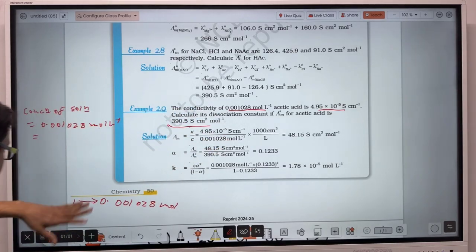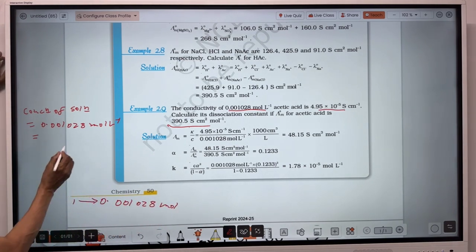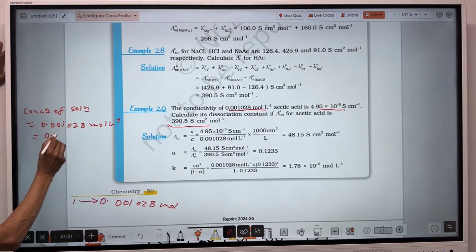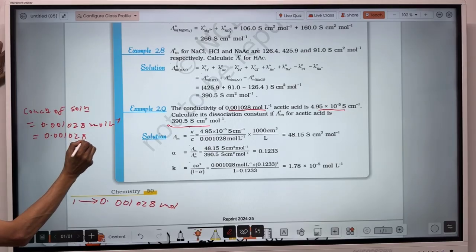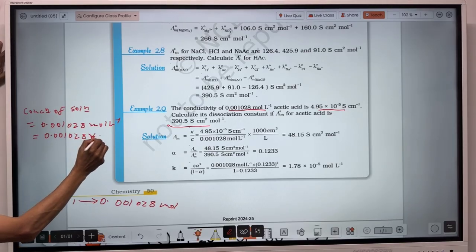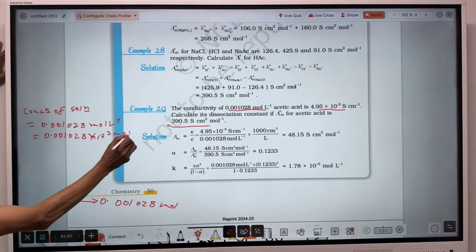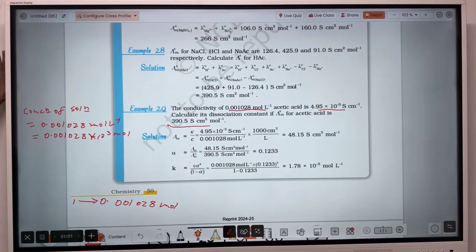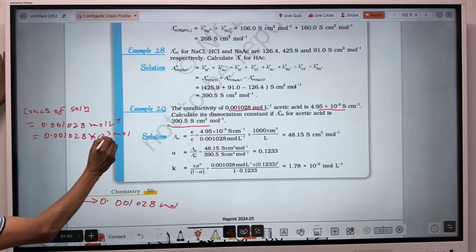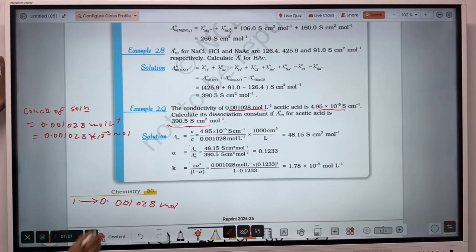So in 1 milliliter, how many moles will there be? That into 10 power minus 3, so 0.001028 into 10 power minus 3 mole per milliliter.